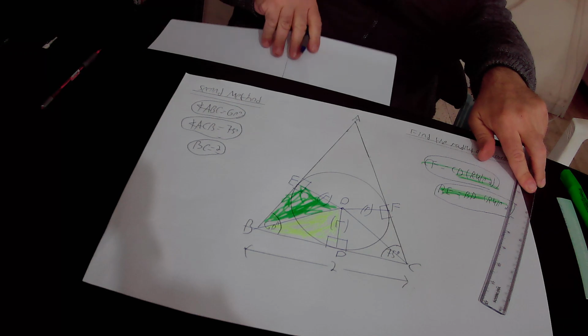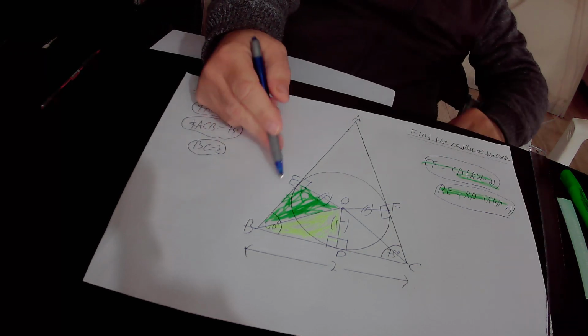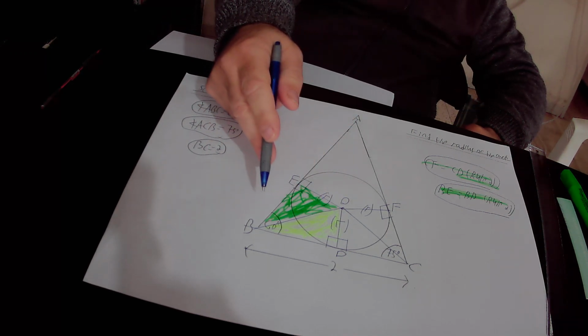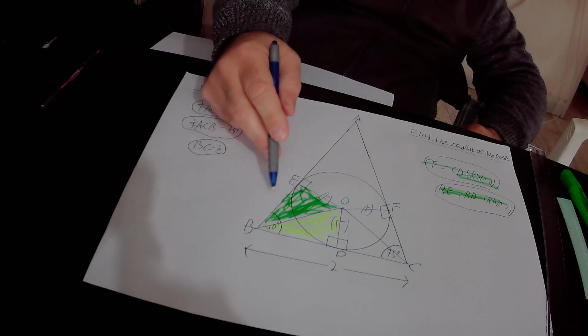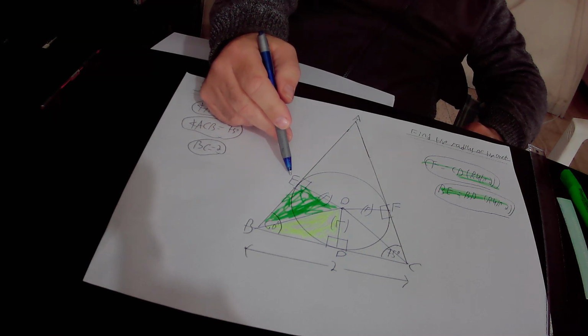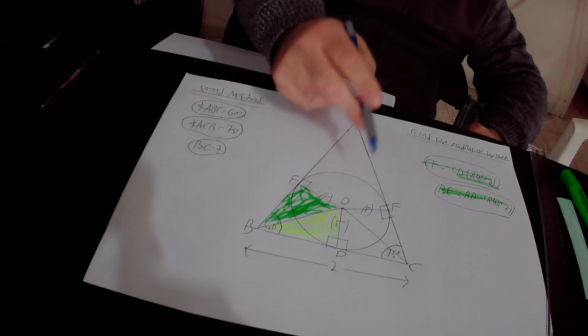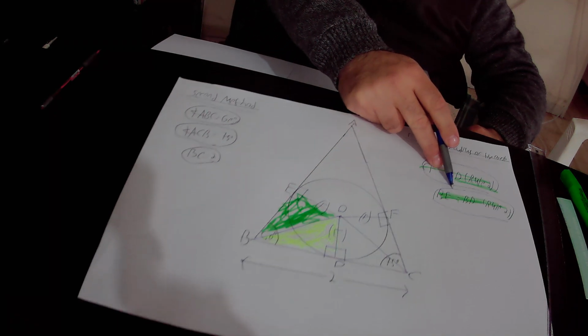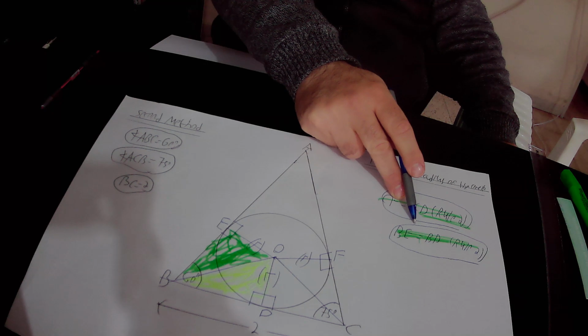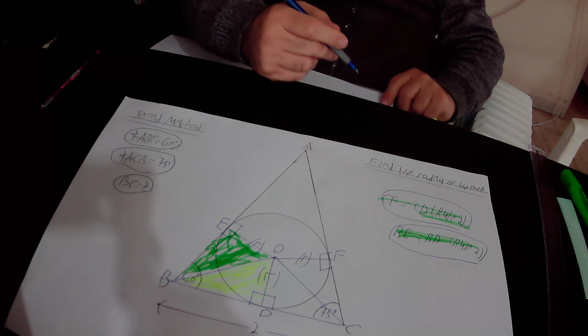In addition, side BE of the green triangle equals side BD of the yellow triangle. Here, BE equals BD according to rule number 2.